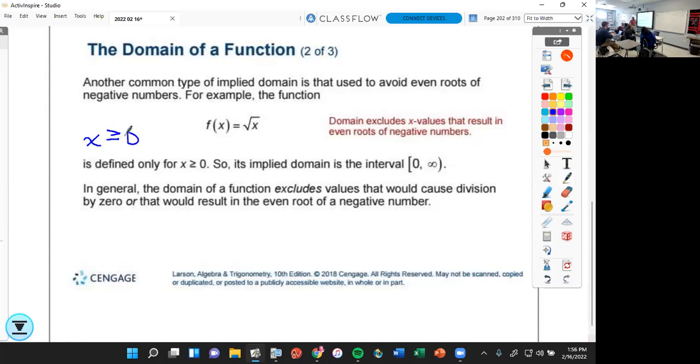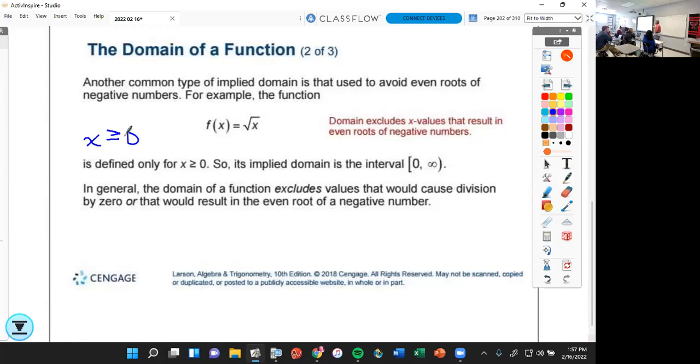So the implied domain of f of x equals the square root of x is x greater than or equal to 0, or bracket 0, comma, infinity, parenthesis. The interval notation is 0 to infinity with a bracket on the 0 because it can equal 0, but I don't know where infinity is.